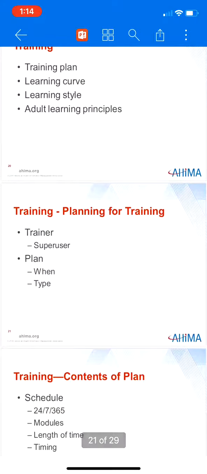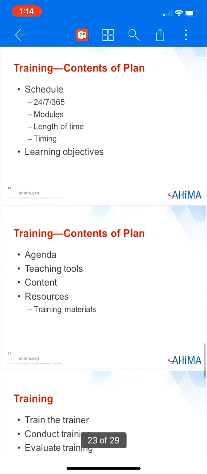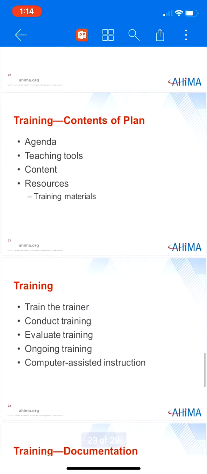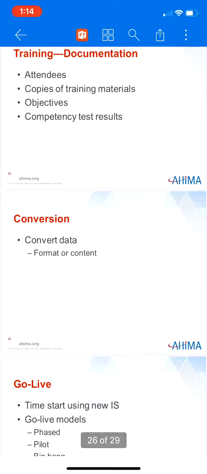We're going to skip through that, and we're going to go on down to conversion at the bottom of page 79, which is step 11 in our implementation plan. So with most new information systems, a healthcare facility is converting from one information system to another, even if the first system is paper.